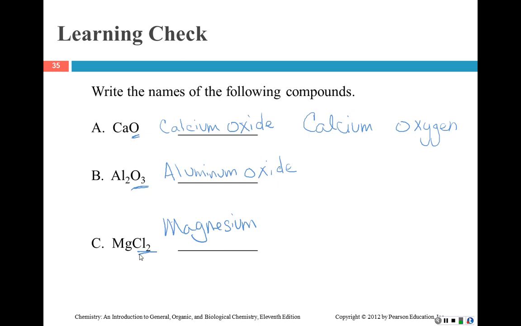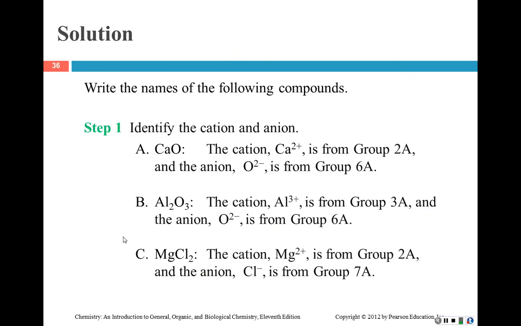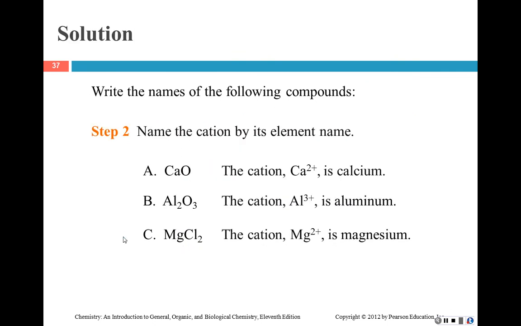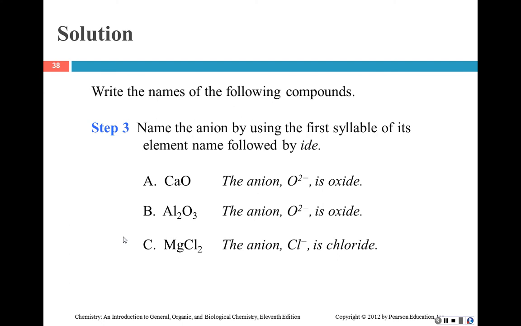And this time we've got chlorine. In chlorine, we take the first syllable, chlor, and add our IDE. Remember, some of them have more than one, but they're all just one type of element as the anion. And it looks like we agree with the book. That's always good, right?